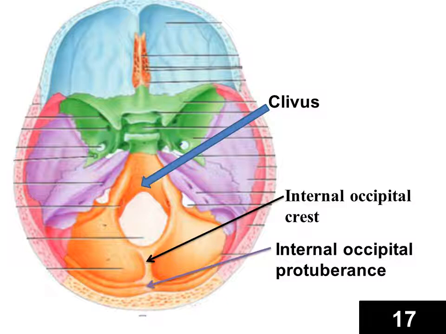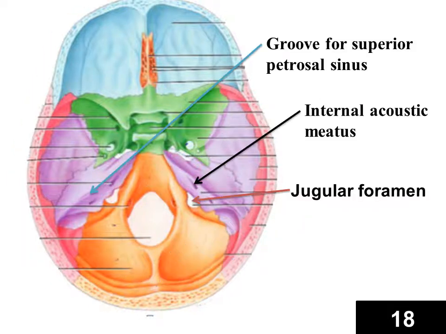Now in front of the خلينا نشوف الصورة اللي بعدها. You can see here السهم الأسود you can see the internal acoustic meatus on the posterior surface of Petrous.